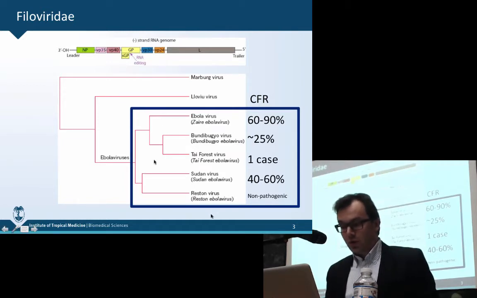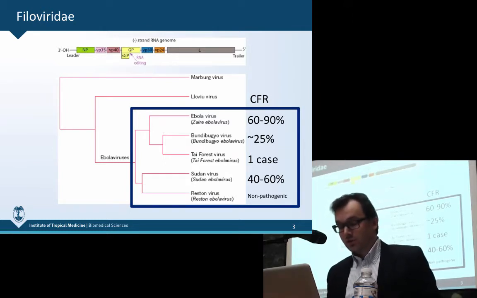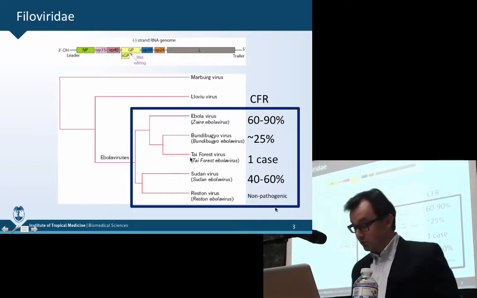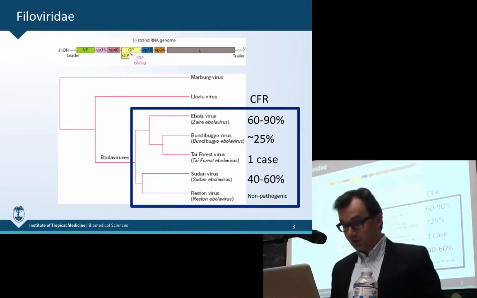And then there's two separate or different cases, the Taï Forest, also known as Côte d'Ivoire strain. There was only 1 case, the person survived. And then there's the Reston virus, isolated in the US, in a place Reston, which is non-pathogenic to humans. Humans get infected, but they don't develop any disease.